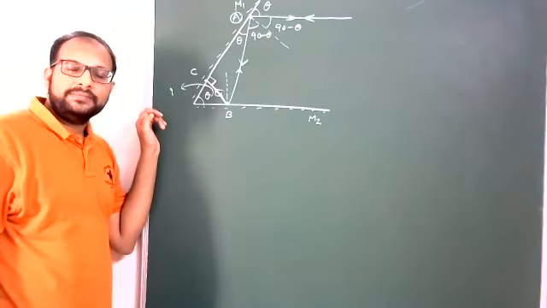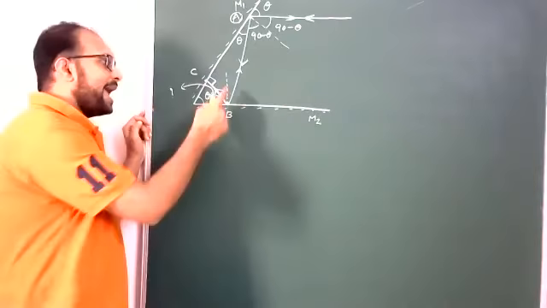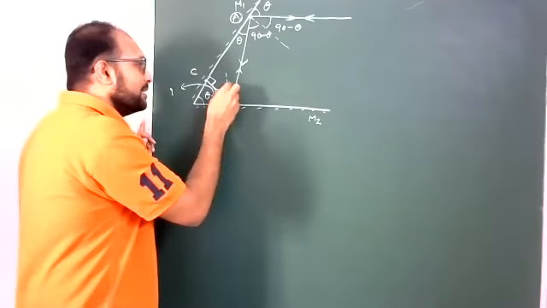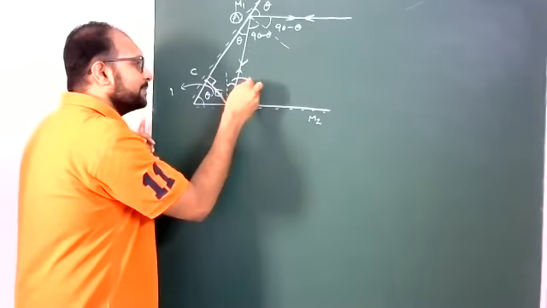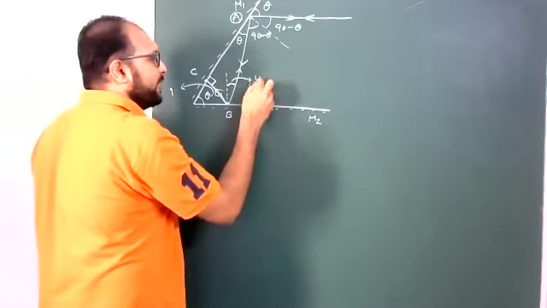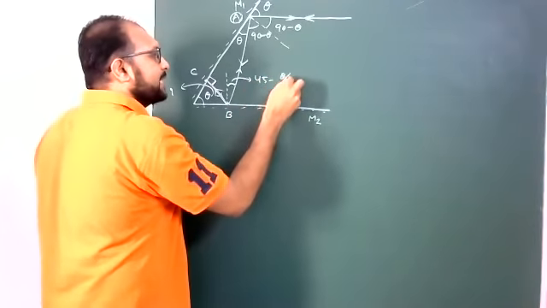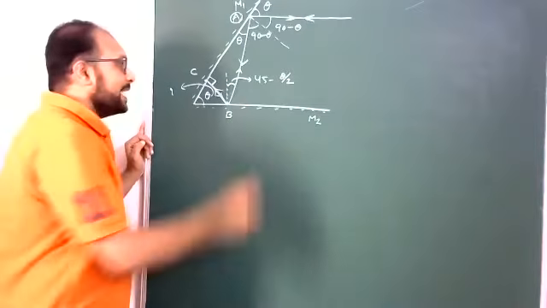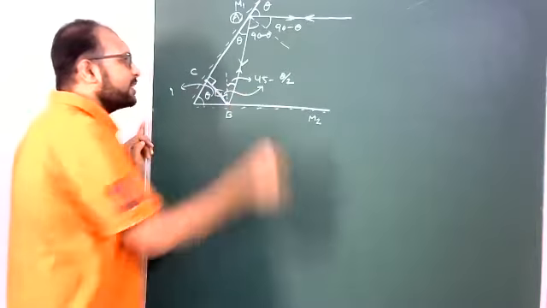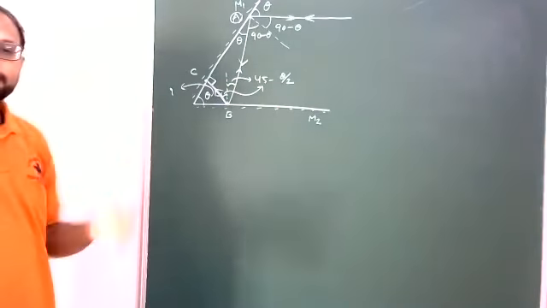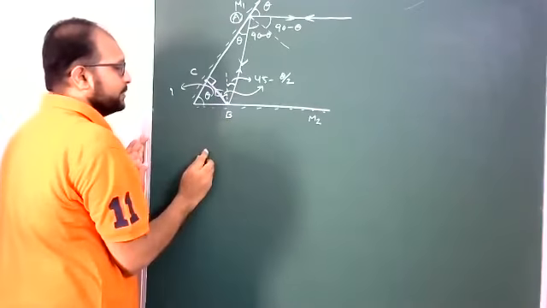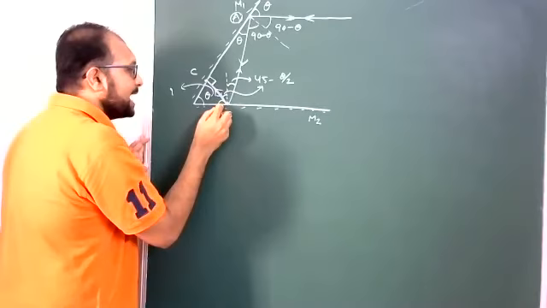90 minus theta. But angle of incidence equals angle of reflection. That's why this angle is 90 minus theta divided by 2, which means 45 minus theta by 2. Same way here also, the same 45 minus theta by 2. Now what about this angle?